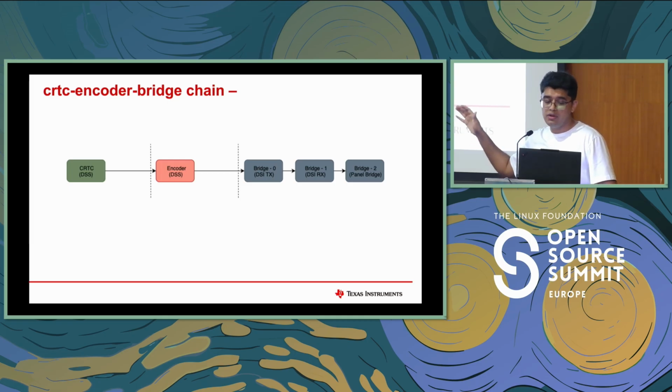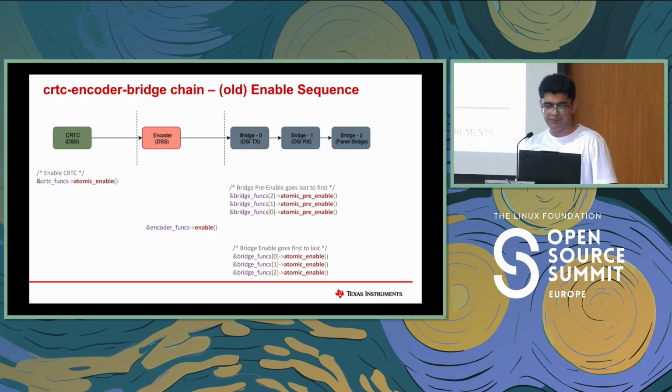We have the CRTC, we have the encoder, which is virtual within the DSS. Bridge 0 is the DSI transmitter, also within the SoC. We have bridge 1, which is the DSI RX that's available on the panel, and the panel bridge, bridge 2, which is a virtual entity created by the DRM framework.